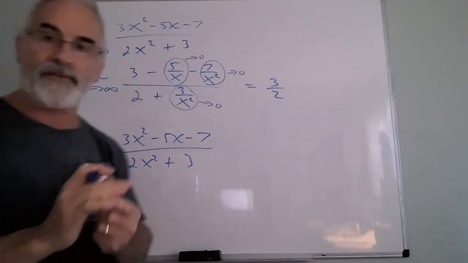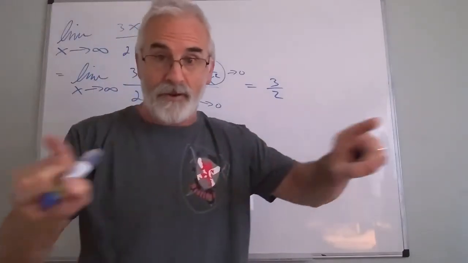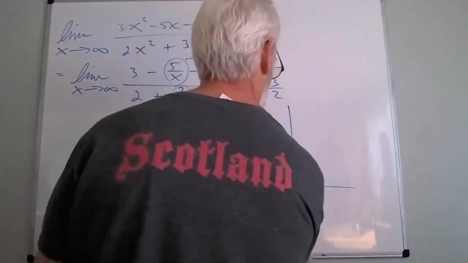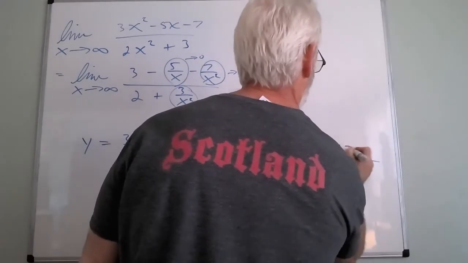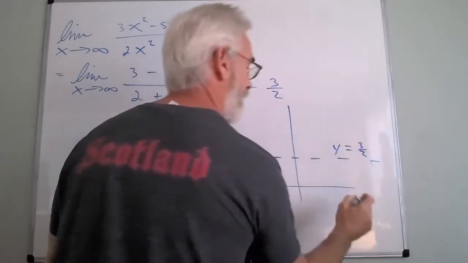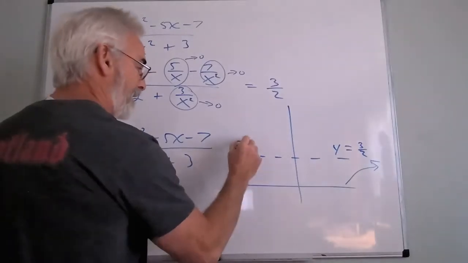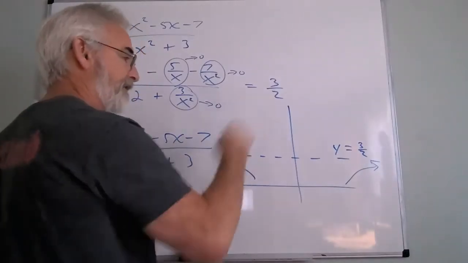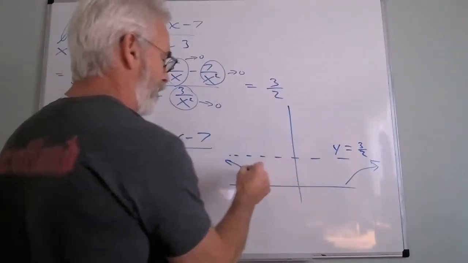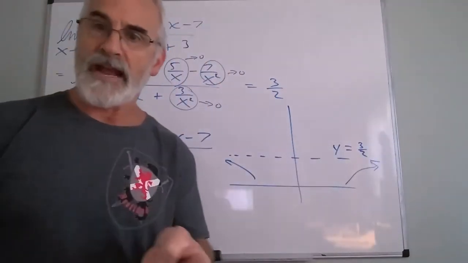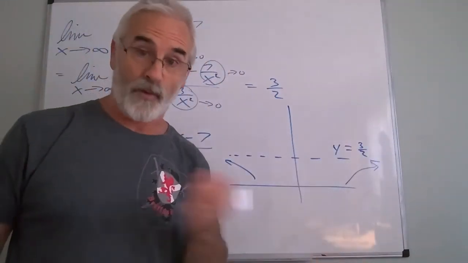And as x grows without bound, the graph is going to start looking like the line y equals 3/2. Maybe it's doing this, I don't know which side it's coming from, but the graph is just getting closer and closer. The line y equals 3/2 is going to act as a horizontal asymptote.